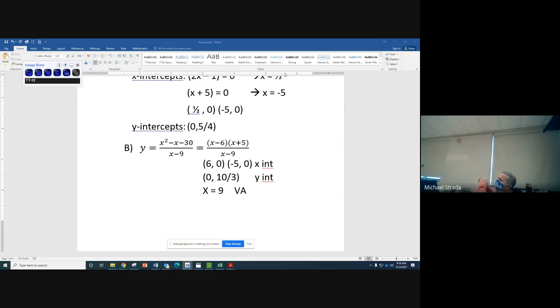To get the y-intercept, you plug in 0. And to get a vertical asymptote, you make the denominator 0. So if you had x plus 3 in the numerator, -3 would be an x-intercept. If you had x plus 3 in the denominator, -3 would be a vertical asymptote.